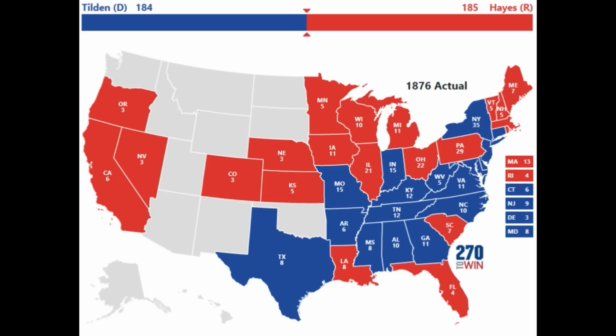The second hole in this theory that it was made to prevent 1876 is the fact that if the Electoral Count Act was in play in 1876, the Democrats would have successfully stolen that election, because what it did was basically mean the state governor was the supreme authority on who is and isn't a certified elector.